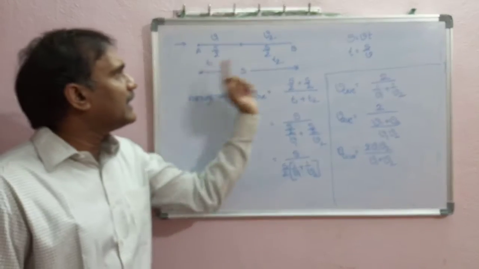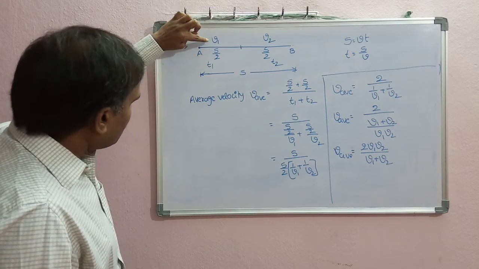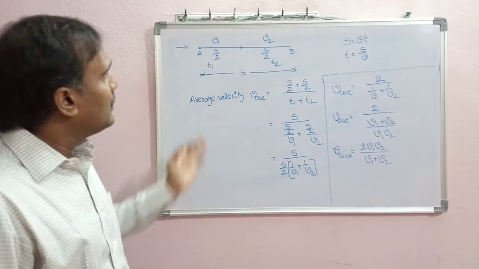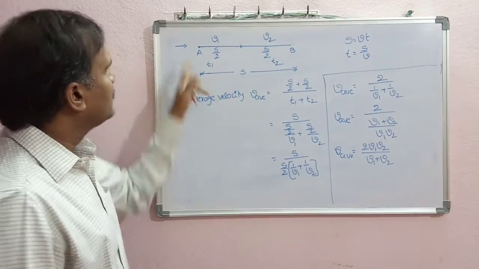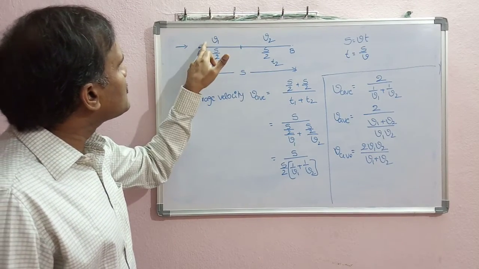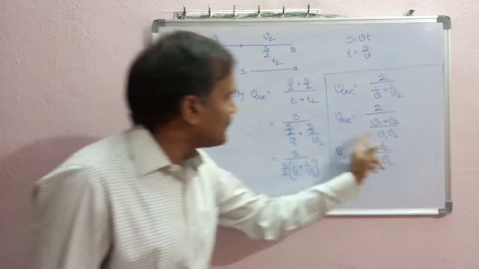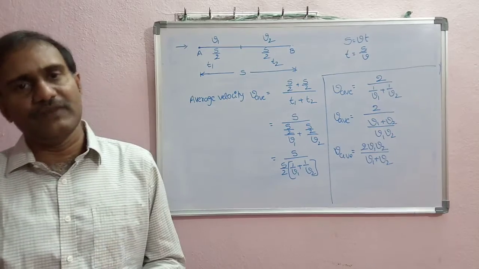If the body covers equal displacements with the velocities V1 and V2, then average velocity becomes how much? 2V1 V2 divided by V1 plus V2.